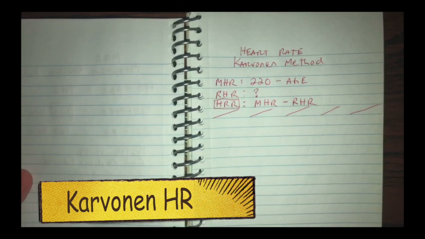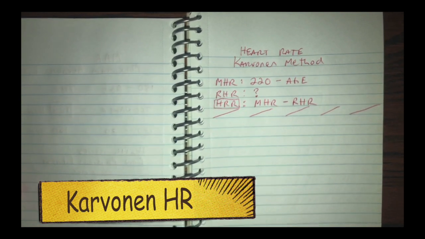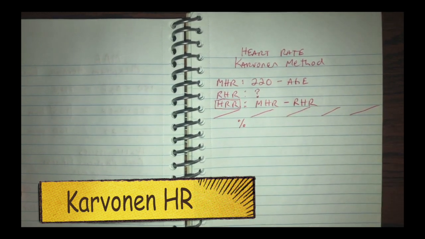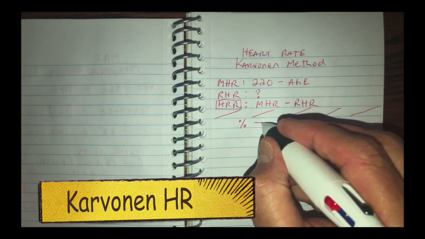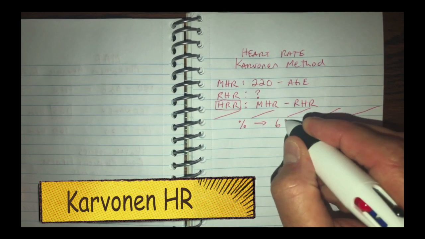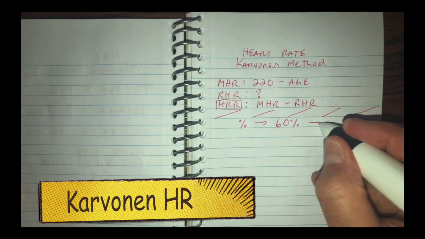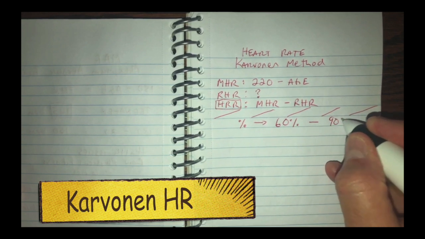The next step would be to figure out your target heart rate. The Karvonen formula works in percentages. So usually what we do is we figure out at 60% all the way through 90%.